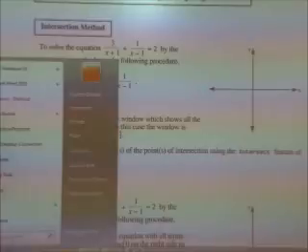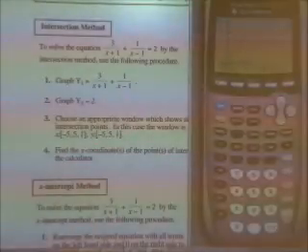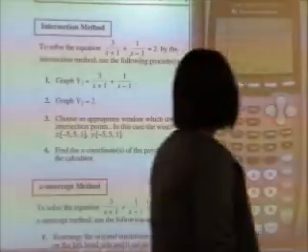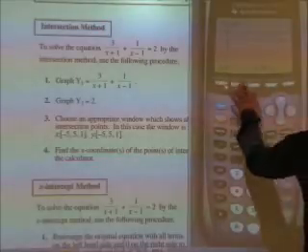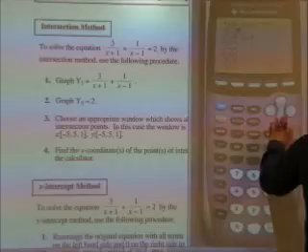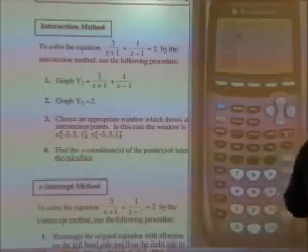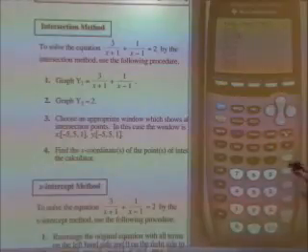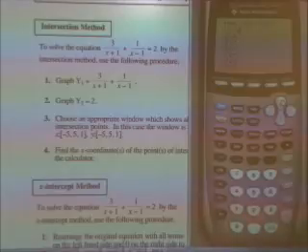So if we grab our calculators and we put this in, what we need to be aware of is we need to make sure that we put this in properly. So this becomes 3 divided by x plus 1, and it has to be all one unit.